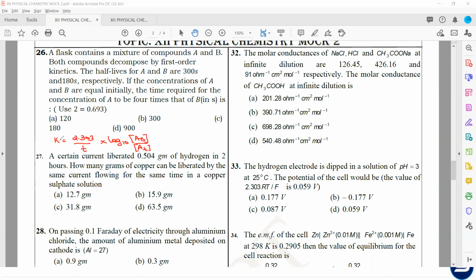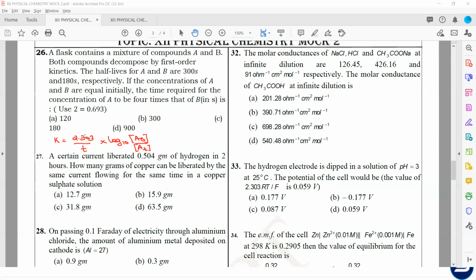Likewise you can apply the k expression for B as well. In it you have to find the time. a naught and b naught will be equal, and the relation of at and bt is already given, which is 4 times. Based on the half-lives, you can find out the value of k. And then you have to find t from those two equations.